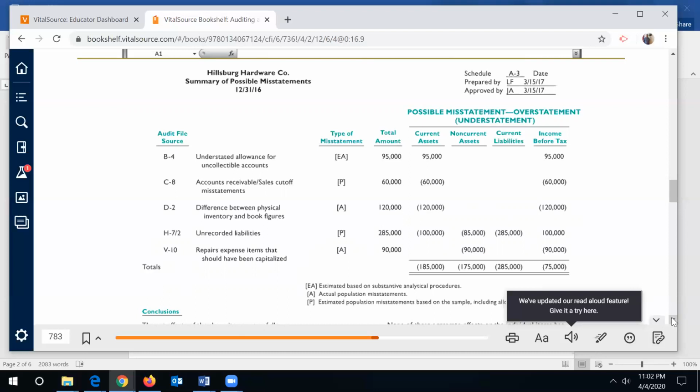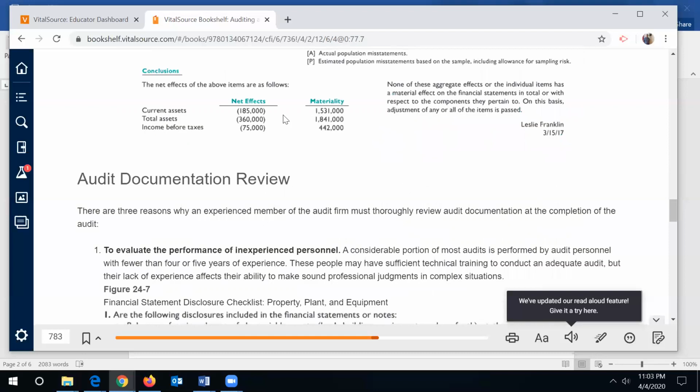So the auditor has some conclusions here at the bottom. So the auditor says the net effects of the above items are as follows. We see the net effects, we see materiality, how much tolerable misstatement they will take. We see that all these net effects are way less than the amount of materiality that they will accept.